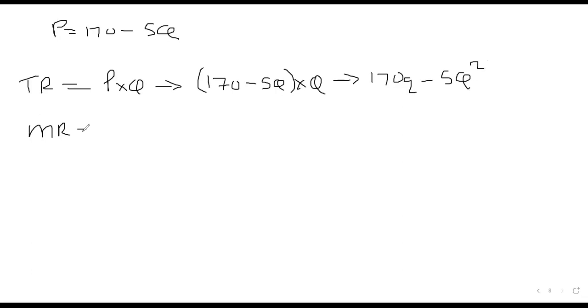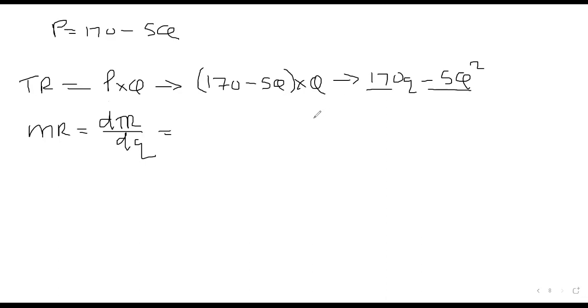Then marginal revenue. Who wants to try? How do we find the marginal revenue? So we simply differentiate the total revenue function, the TR over the Q. So we're going to differentiate this one here.